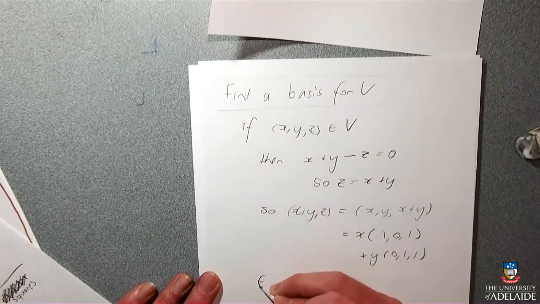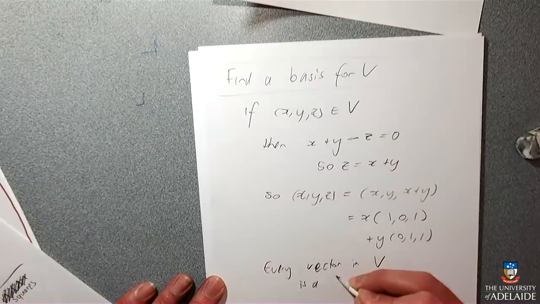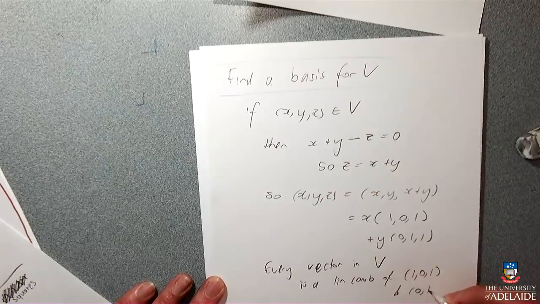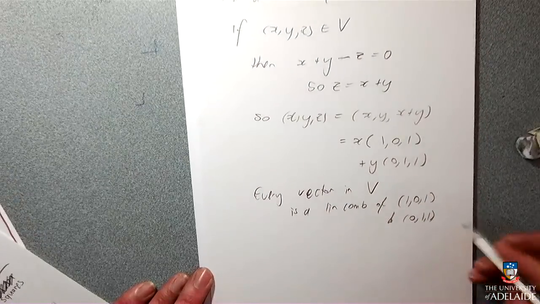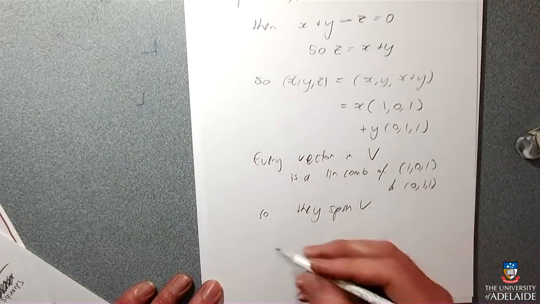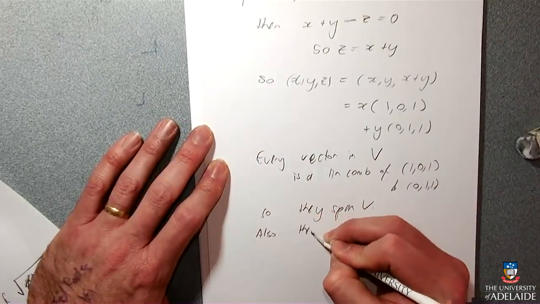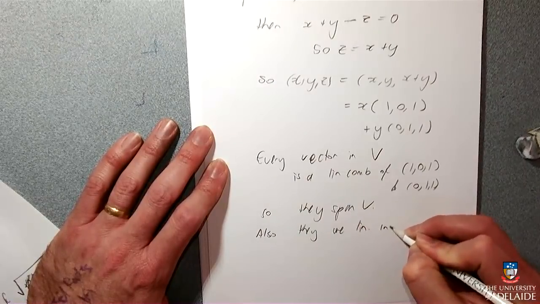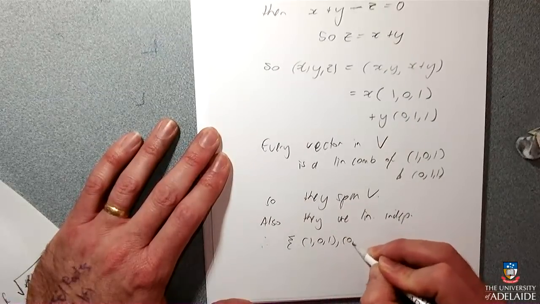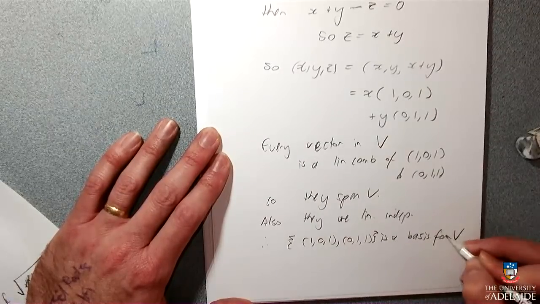So they span V, and they're linearly independent, and therefore 1, 0, 1 and 0, 1, 1 is a basis for V.